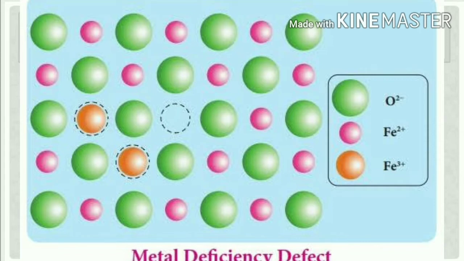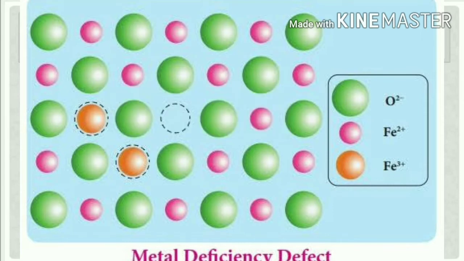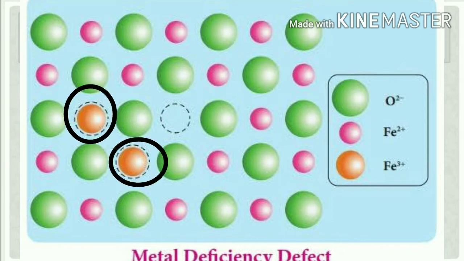It may actually range from Fe0.93O to Fe0.96O. In crystals of FeO, some Fe2+ cations are missing and the loss of positive charge is made up by the presence of required number of Fe3+ ions.